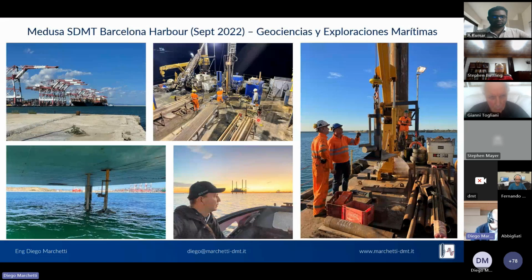Seismic tests may be performed also in offshore environment. In this case, we are in the harbor of Barcelona with Geosciências y Exploraciones Marítimas, a company with which we commonly cooperate, owner of a Medusa SDMT, and with a hammer that was lowered to the seafloor, closely to the pipes for guiding the penetration rods into the soil at the bottom of the seafloor, we performed both DMT and seismic measurements.